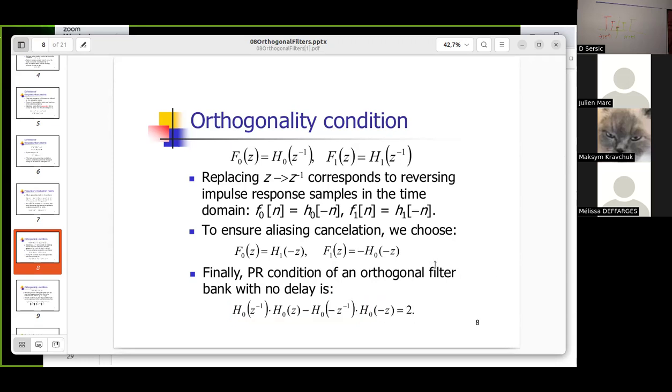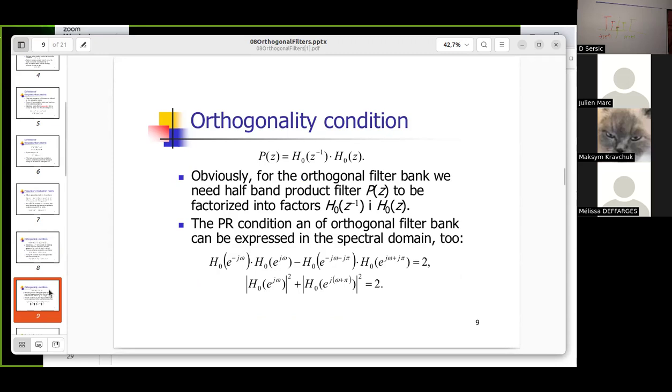So the third condition resulted in that we must very carefully factorize our product filter. Not all factorizations are allowed.